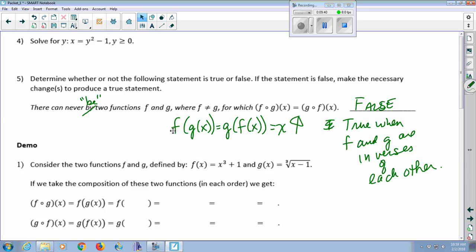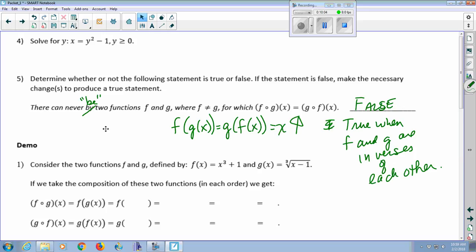You must compose them and get x out as a result, and then you have to compose them in the reverse order and also get x as a result. So this basically is like a round trip. Wherever you start, you go off, you come back, you're right back to where you started. And no matter which order you do that, you would be right back where you started.